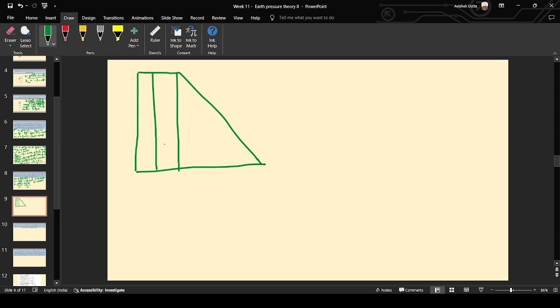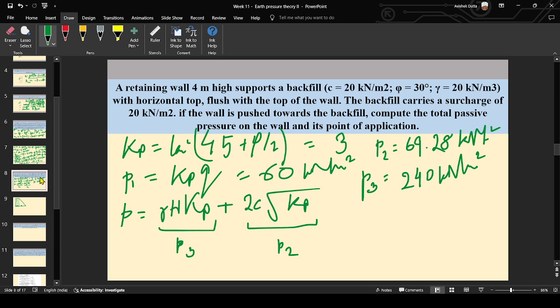So the surcharge pressure is P1, due to cohesion increment this is P2, and due to the backfill itself this is P3. Okay, this is P1, P2 and P3.